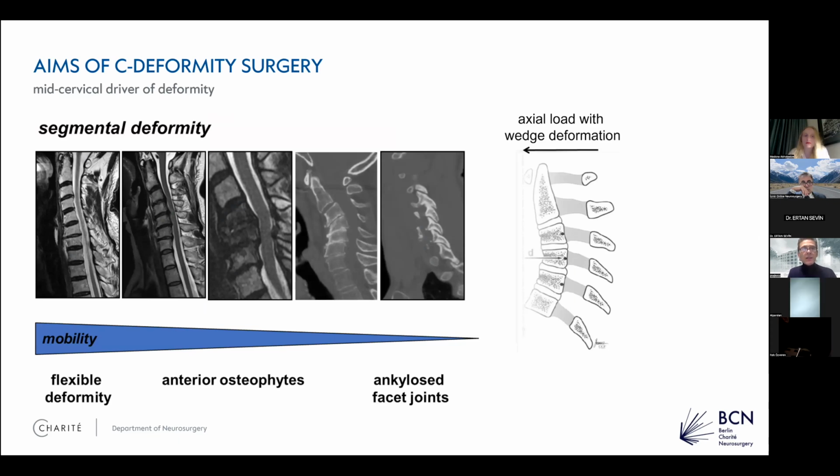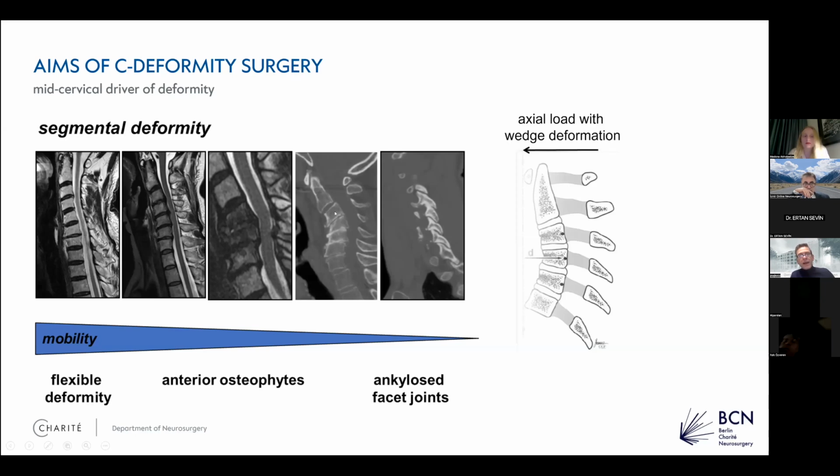The classical mid-cervical driver is usually due to degenerative disease. So what's happening is that you're losing the discs, you're losing the disc height. You get the anterior osteophytes, and the patient is progressing into cervical kyphosis.